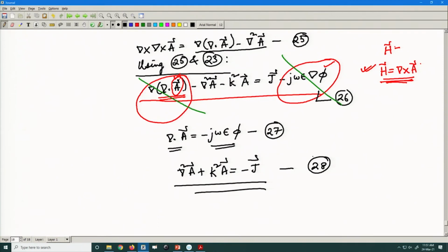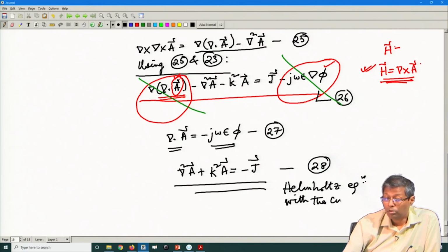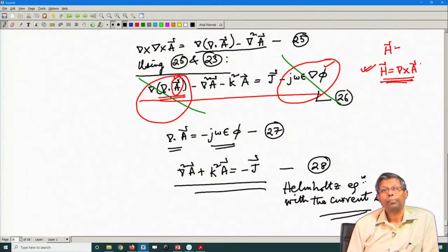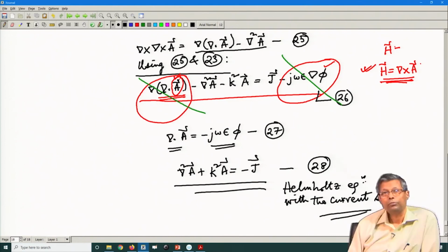So, this is the Helmholtz equation with the current source. This is a very important equation in electromagnetics.